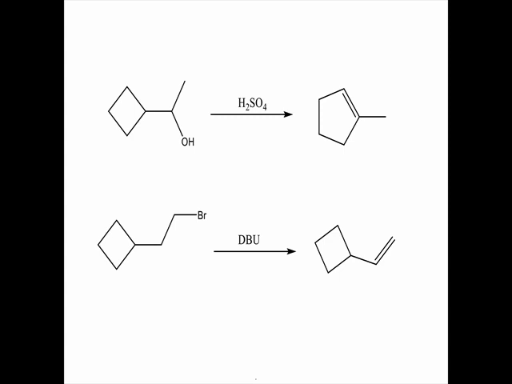H plus is a what? It's a Lewis acid. And Lewis acids like to react with what? Lewis bases. Where's the Lewis base for it to react with? What is a Lewis base?